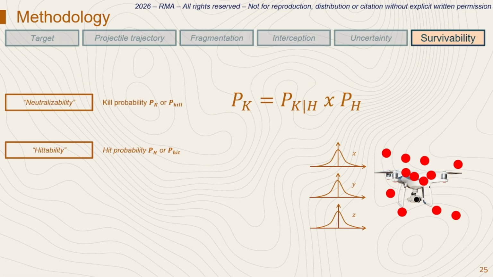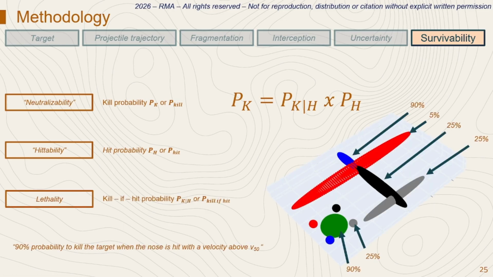and it can essentially be computed by running an enormous amount of simulations and then just counting the number of effective hits, which would give you statistical distributions of the impact position. On the other hand, we need to look at lethality, which is quantified with a kill-if-hit probability, and it is a very complex task to do, so much so that it is often quantified with expert estimates.